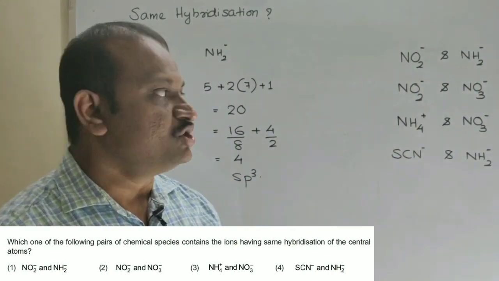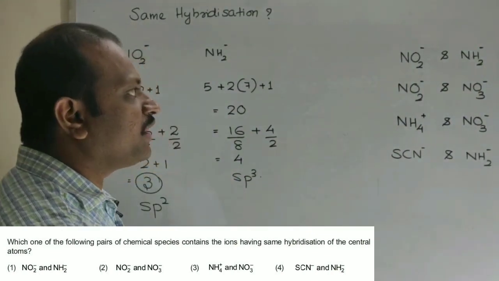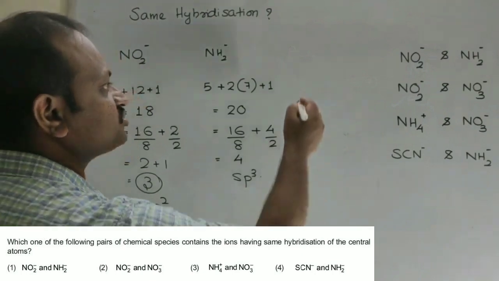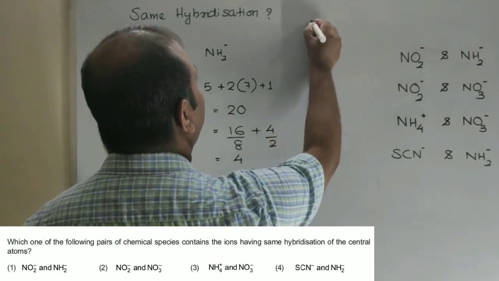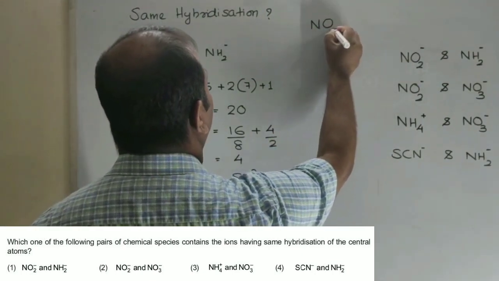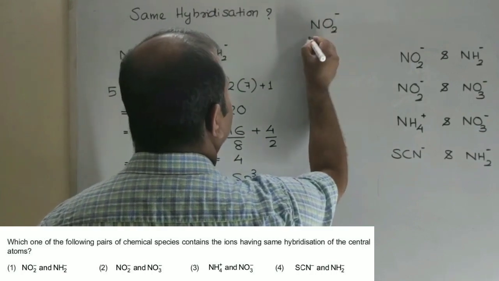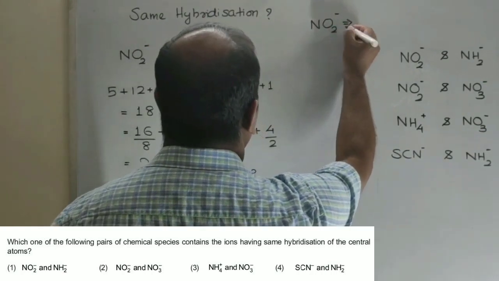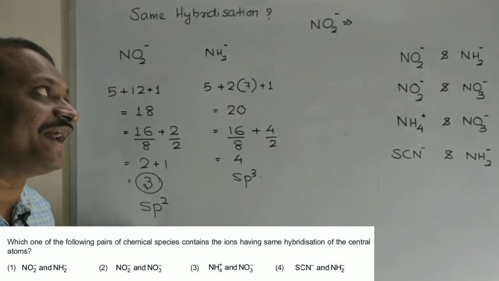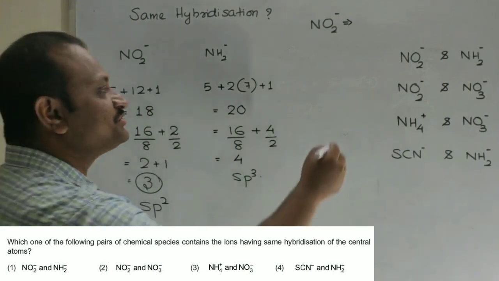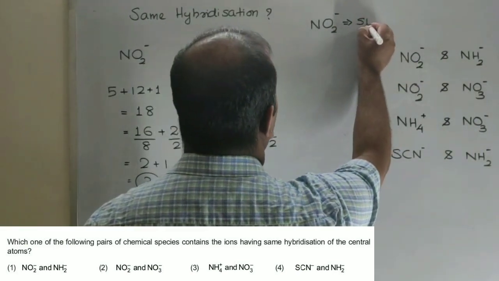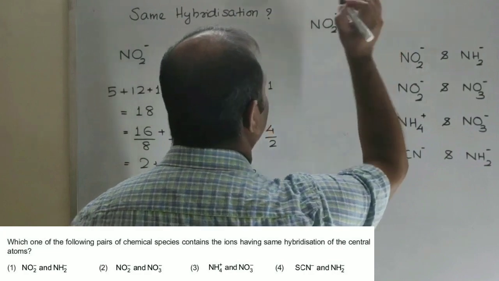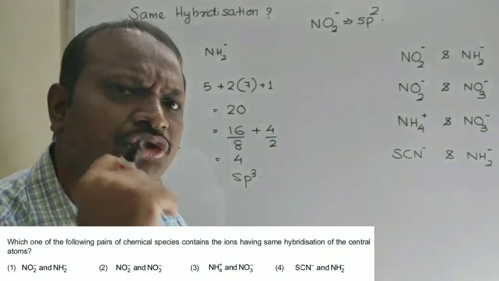Let's check that. We have NO2 minus and NO3 minus. NO2 minus I have already calculated. What is it for NO2 minus? sp2. So NO2 minus hybridization is sp2. What about NO3 minus?